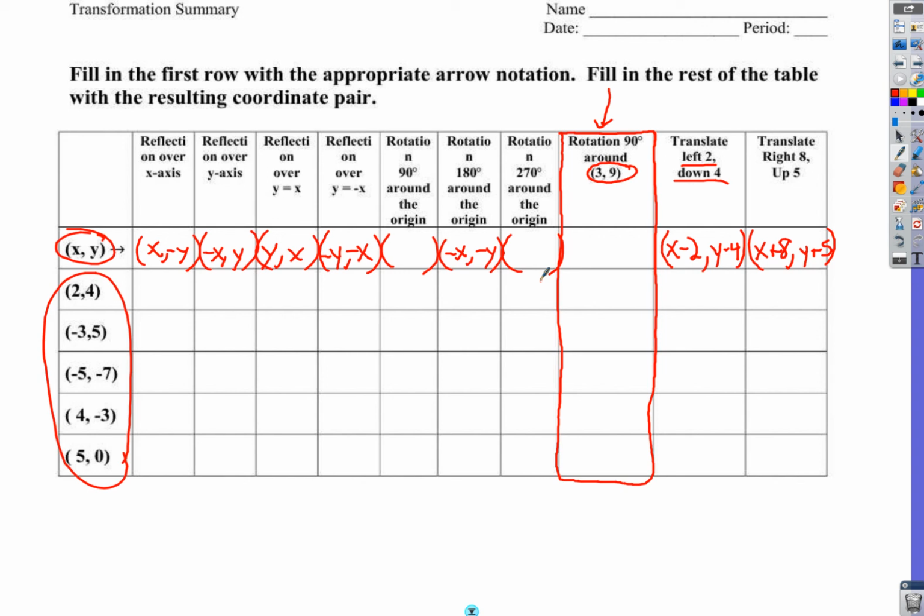No, they don't both have a positive x. Lily, do you know? Max? Nope. Guys, you can pull out your notes and check your notes. It would help. What I asked is: what do 90-degree rotations and 270-degree rotations have in common?